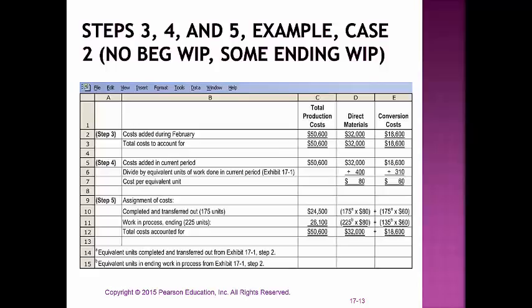So 225 times 100% and then times $80 per unit, from up here, would give us 225 times 80, 18,000.